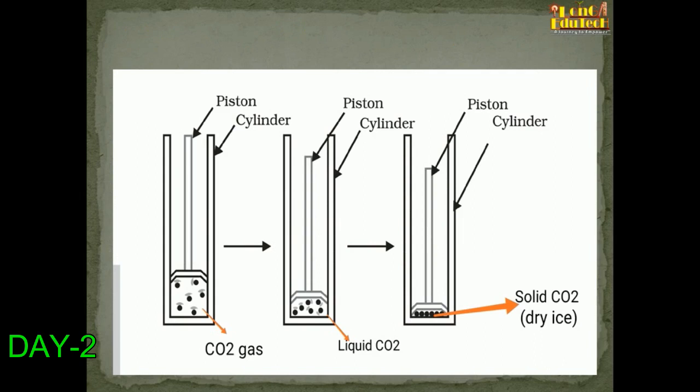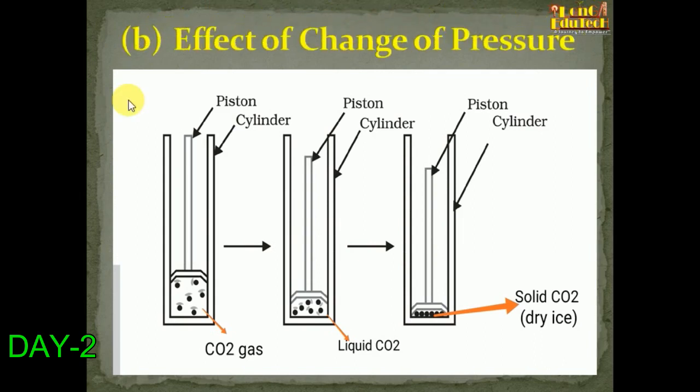Now, see, this is a diagram. This is a cylinder, this is a piston, and here we fill the carbon dioxide. At this time this is carbon dioxide gas only, and now we apply pressure on this piston, and the carbon dioxide gets changed into liquid carbon dioxide on further compression.